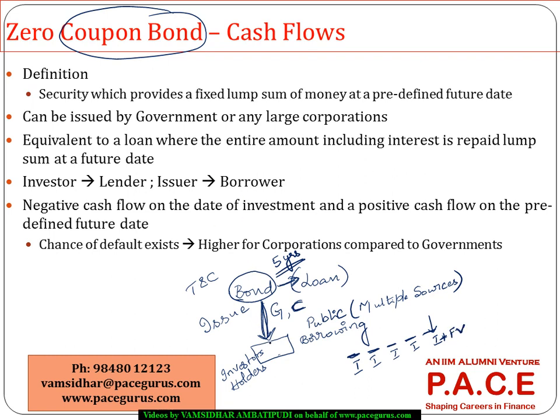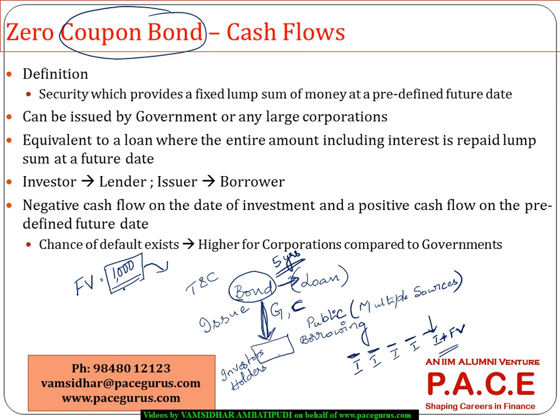So here the bond is quoted based on face value. Let's say a face value, generally, if I am talking about it as 1000, it means that on the maturity on this particular date, a value of 1000 will be paid to the investor.